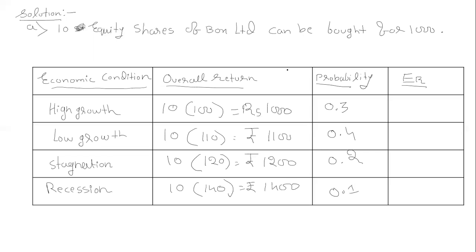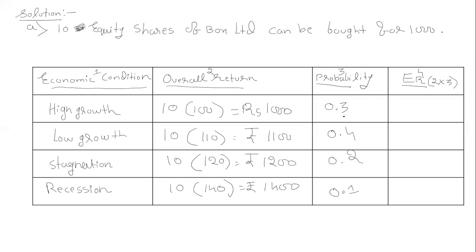Now let's calculate expected return. The expected return formula, you know, is return into probability. I will put column numbers 1, 2, 3, and 4. So expected return is column number 2 into column number 3.